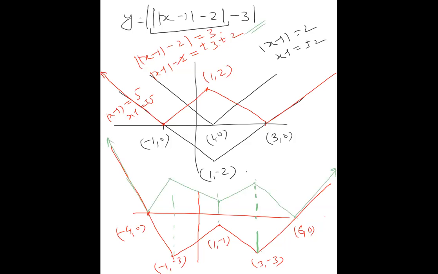And the points, 100%, you know this. This is 3 comma 3. This is 1 comma 1. This is -1 comma 3. And this is 6 comma 0 and -4. Every time you have to write down the points. If you are not writing the points, your graph is not complete. Without writing the points, we are not able to get the answer. So every time you have to write down the points.